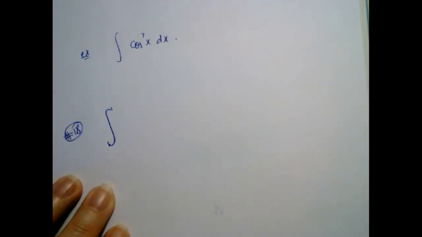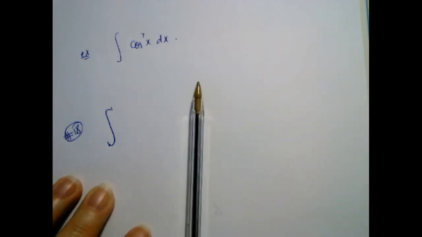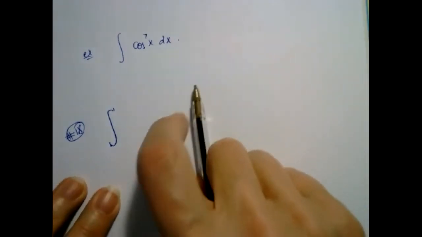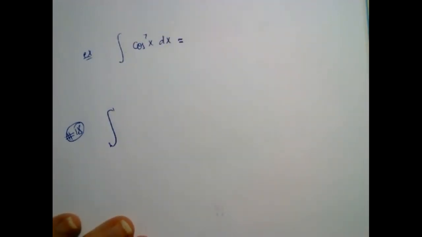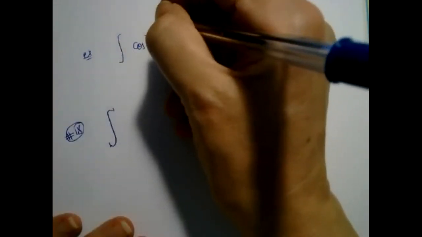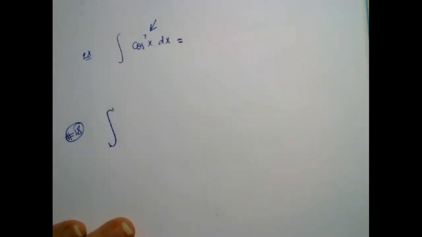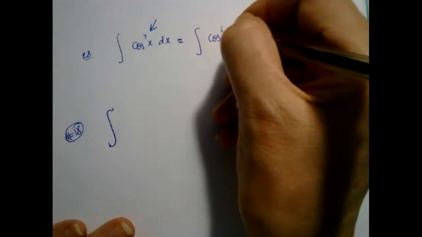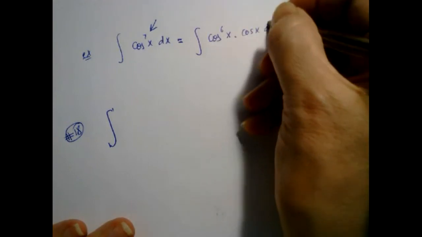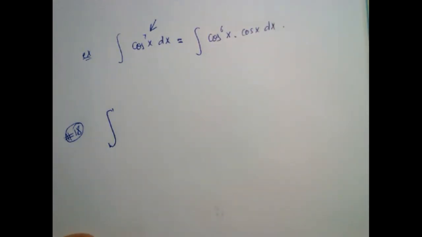Follow the algorithm verbatim. Do we have a power? That's an odd power. So we're going to split it into cosine to the 6th times cosine x dx. It will still apply.